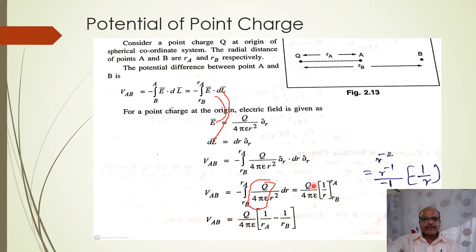This minus term and this minus term become a plus, so Q upon 4 pi epsilon 1 by r from RB to RA. Put the limits, that is Q upon 4 pi epsilon times 1 upon RA minus 1 upon RB. So this is VAB, the potential of a point charge.